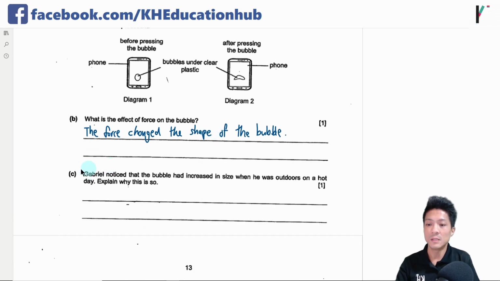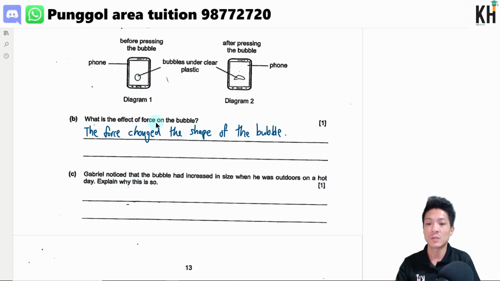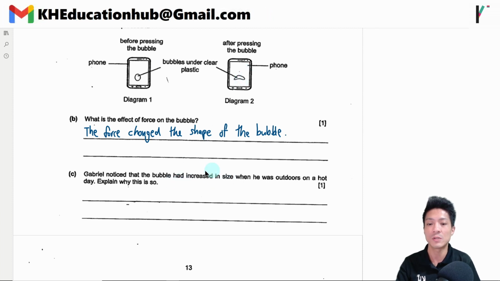Part C. Gabriel noticed that the bubble had increased in size when he was outdoors on a hot day. Explain why this is so. Because on a hot day, the air trapped under the clear plastic sheet will expand, and this will cause the bubble to increase in size.